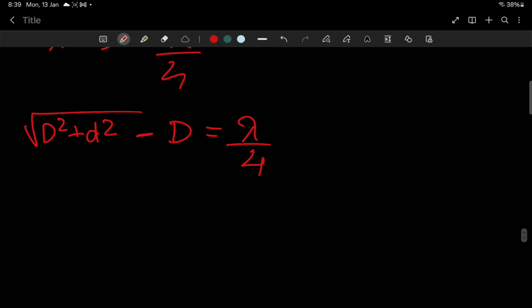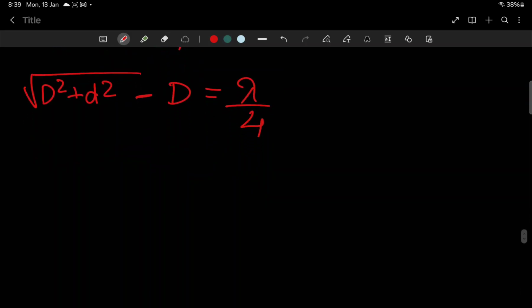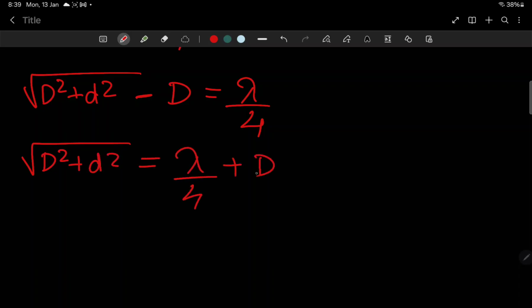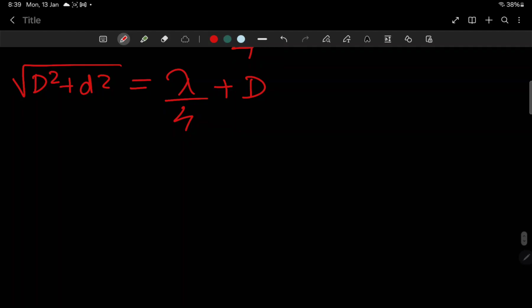Now before that, this is the question. We should find this. Rearrange this equation first. Plus d. Now substitute the value of d.